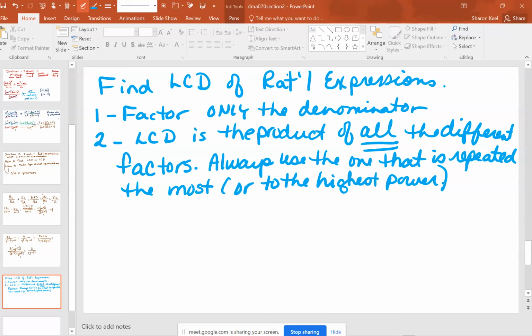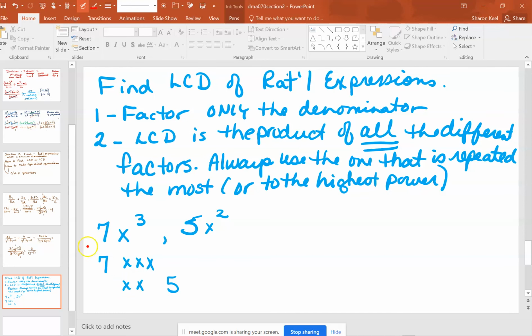So for example, if we have two denominators, and I'm just going to write the denominators down. If I have 7x to the third, and I have a 5x squared. To find the LCD, this has a 7 and 3 x's. This one has 2 x's and the number 5.